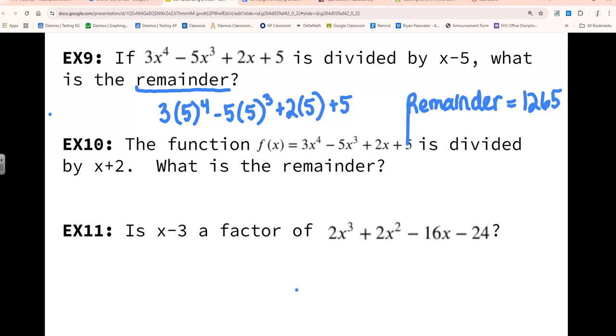The next one has the same function. If we take that function and divide it by x plus 2, it's wanting to know what is the remainder. So if I'm dividing this by x plus 2, what number would I plug in so I can use the remainder theorem? A negative 2. Use the opposite sign. So all you're doing here is 3 times negative 2 to the 4th minus 5 times negative 2 to the 3rd plus 2 times negative 2 plus 5.